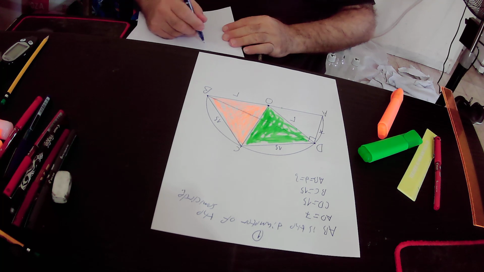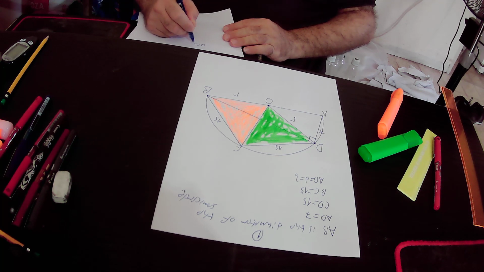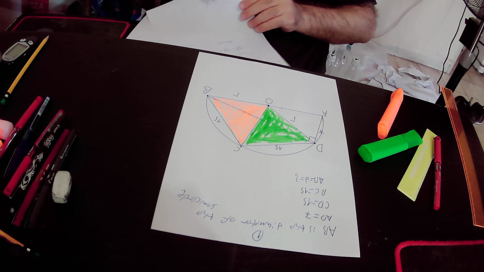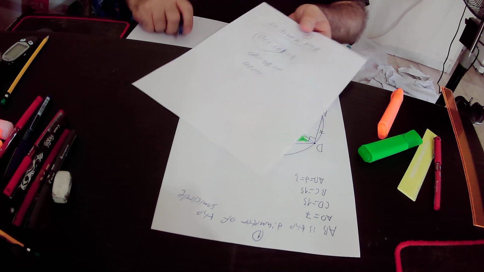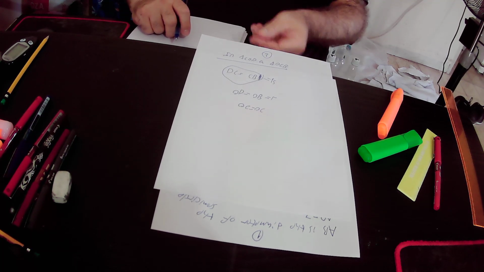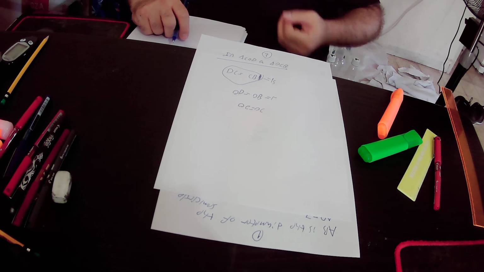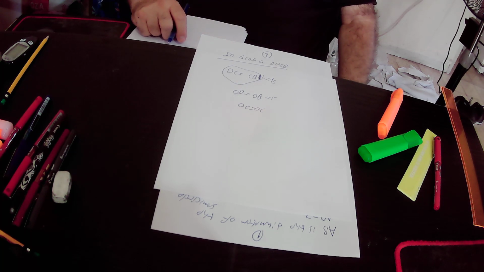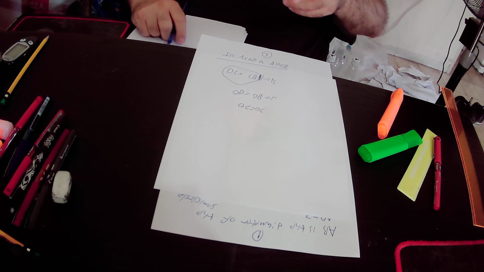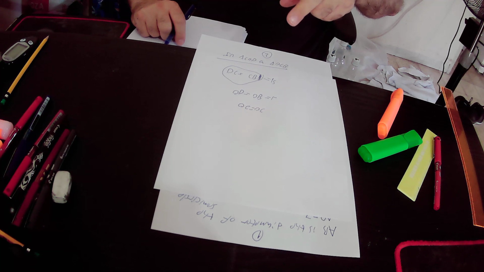So OC equals OC. So we actually proved that all the sides of the green triangle are equal to all the sides of the orange triangle.